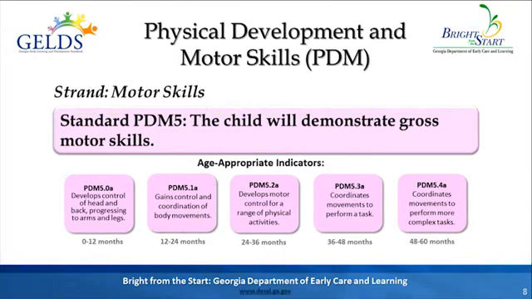So with PDM 5.0A for 0 to 12 months, you have develops control of head and back progressing to arms and legs. And that continues to move from 12 to 24, 24 to 36, 36 to 48. And then by the time they're 48 to 60 months, that skill has progressed to coordinating movements to perform more complex tasks. So let's talk a little bit about gross motor skills.